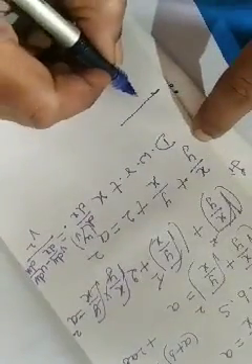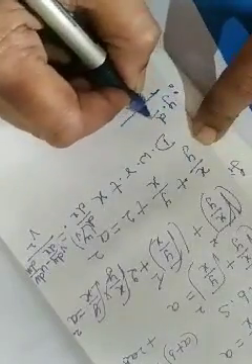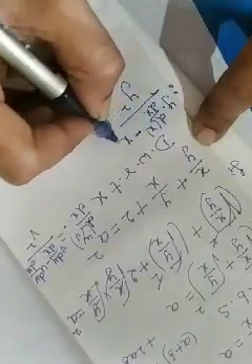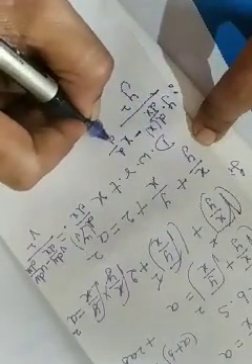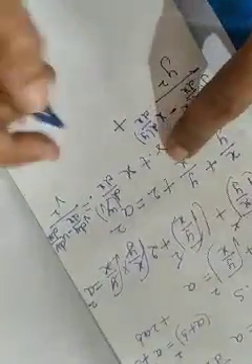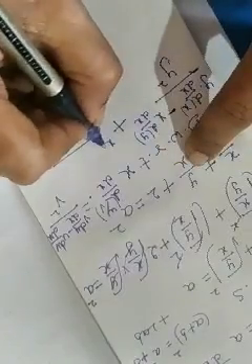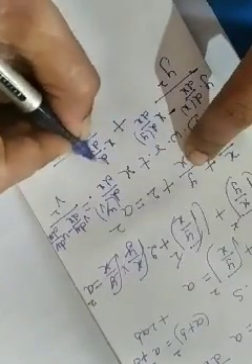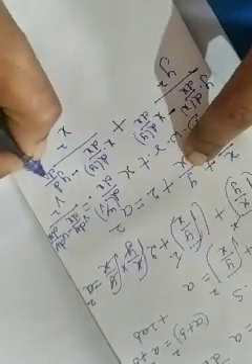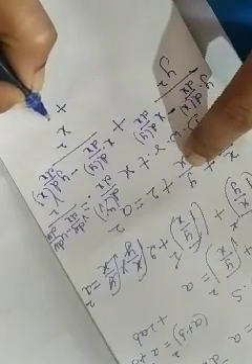For the first one, denominator whole square, keep the denominator as it is, derivative of the numerator, minus numerator as it is, derivative of the denominator, plus go to the second term, denominator whole square, keep the denominator as it is, derivative of numerator, minus numerator as it is, derivative of the denominator, plus derivative of 2 is 0.